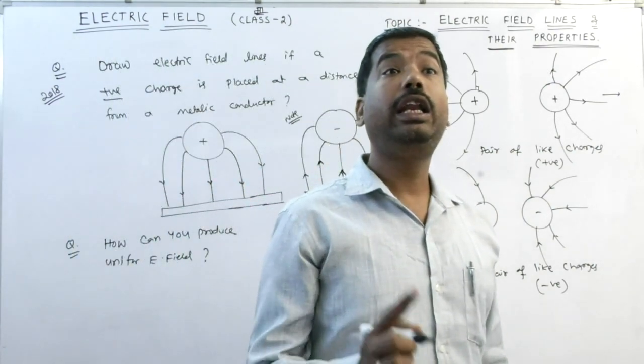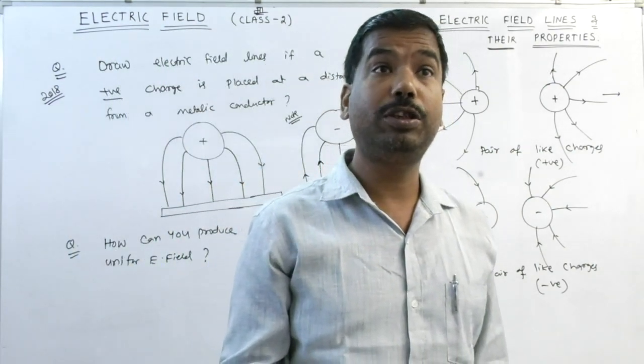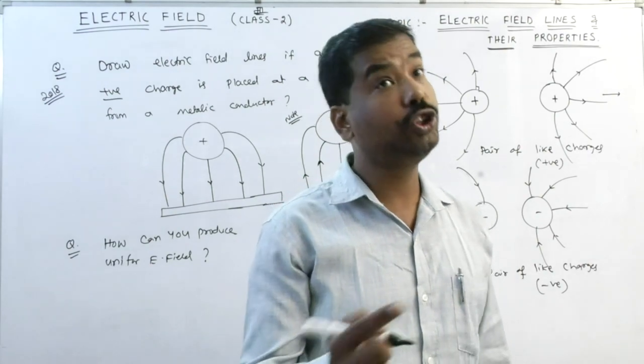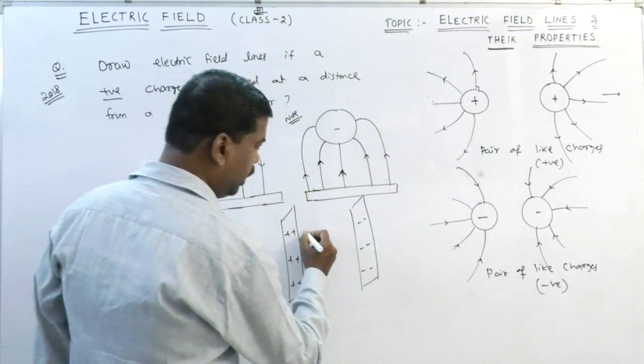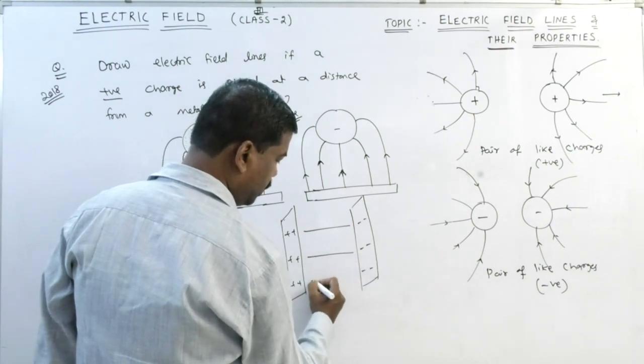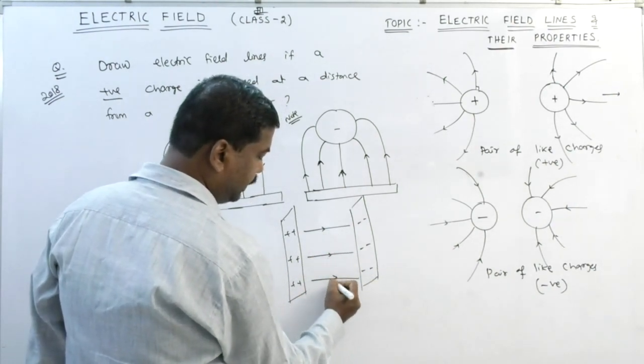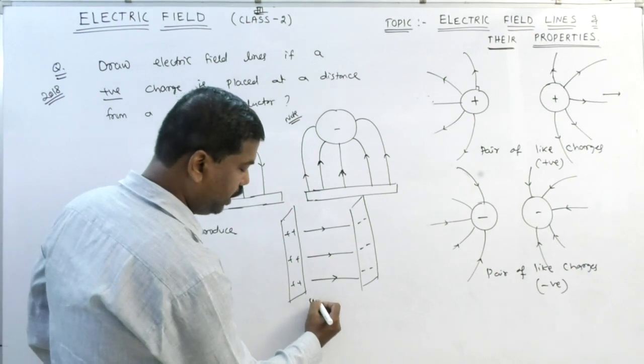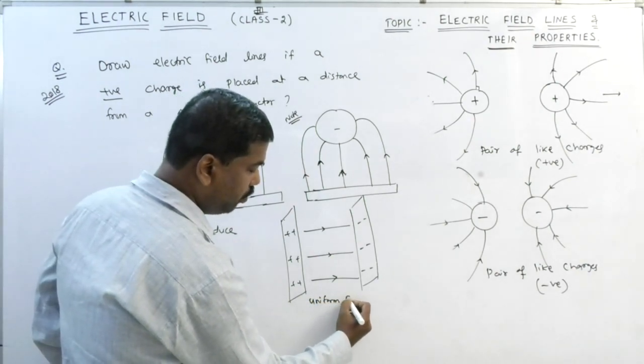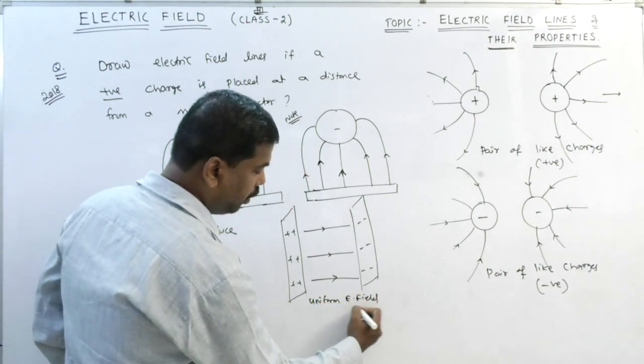As we know, electric lines of force are perpendicular to the surface of the conductor and move from positive to negative. So here the electric field lines will be in such a direction. Hence they are parallel and equidistant, and that represents a uniform electric field.